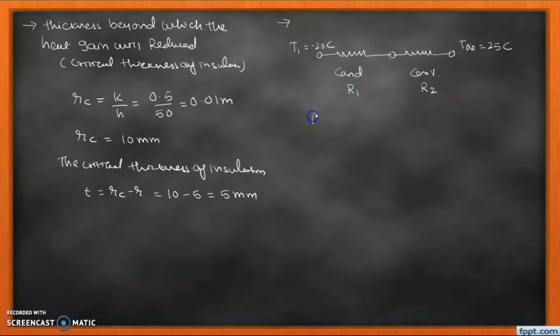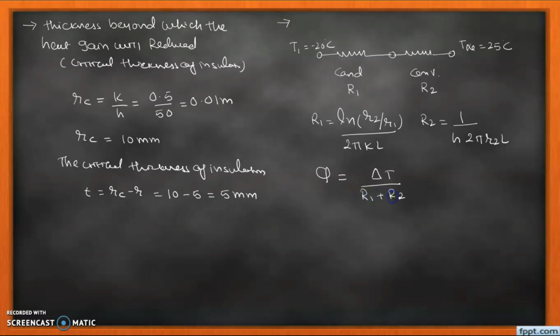So R1 becomes ln(r2/r1) upon 2 pi k L, and R2 equals 1 upon h into A, where the area is 2 pi r2 into L. Now using the electrical analogy, we can find the rate of heat transfer, which equals delta T upon the resistance, that is R1 plus R2.